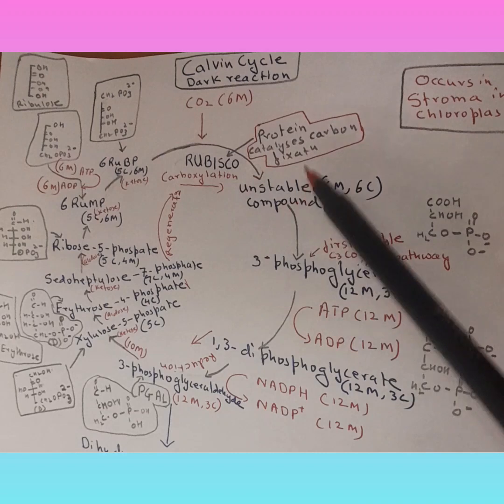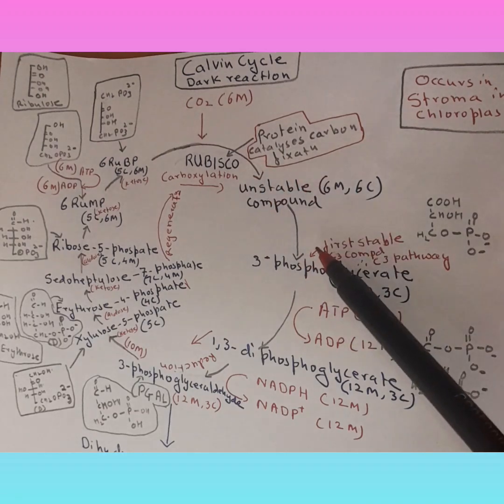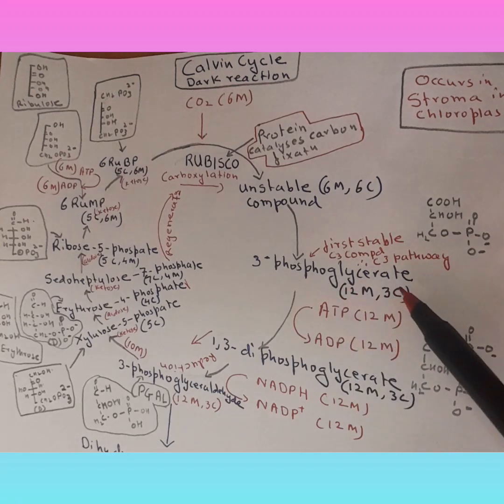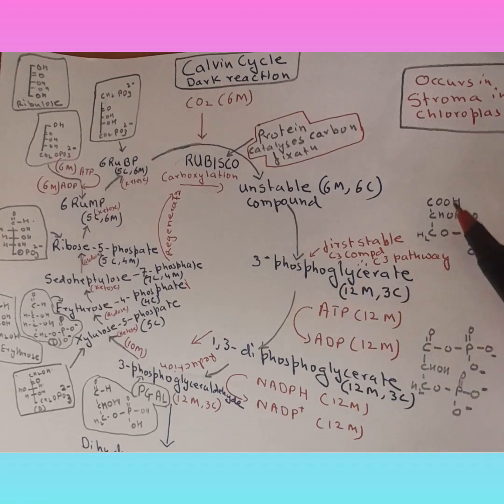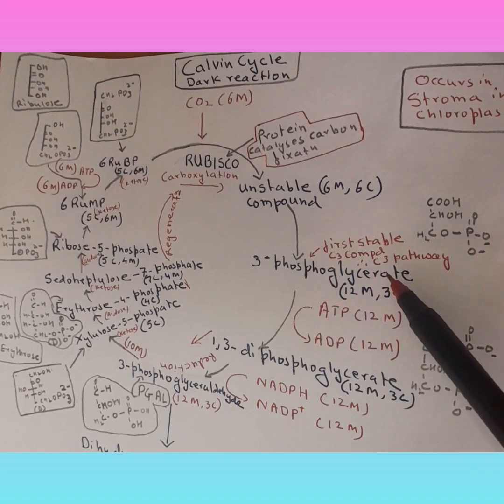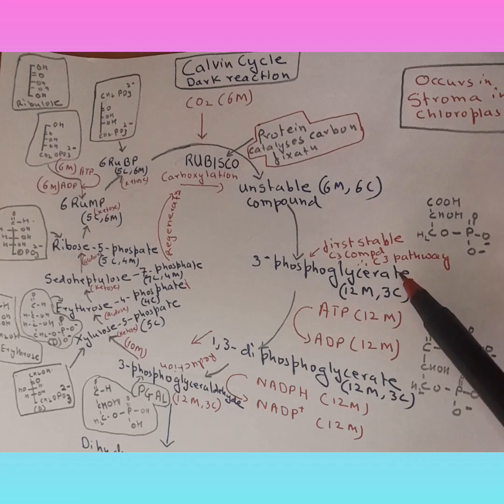But it's highly unstable. So it breaks down to form 3-phosphoglycerate. 3-phosphoglycerate: 1, 2, 3. Phosphate attached at the 3rd carbon. Now this is the first C3 compound in the C3 pathway.